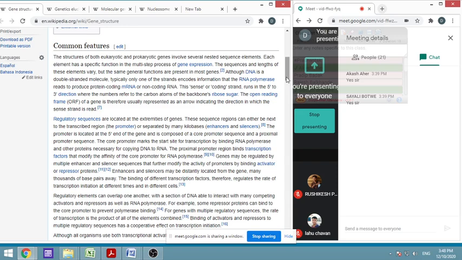These are a variety of chemicals. We shall be seeing them one after another in due course of time, when we go through the various topics. So the proximal promoter region will bind to transcription factors. Again, there is a variety of transcription factors, responsible for a variety of activities, and this will modify the affinity of the core promoter for the RNA polymerase.